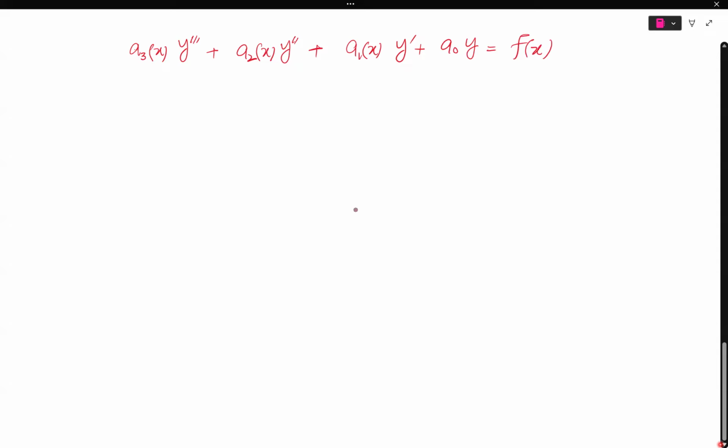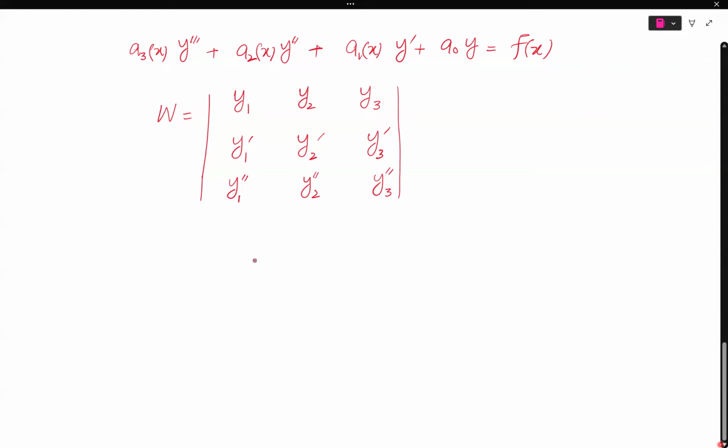So we have to generate the Wronskian, and for a third order differential equation, of course, we must have three components in the homogeneous part. So the Wronskian will be a 3 by 3 determinant like this: y1, y2, y3, then y1 prime, y2 prime, y3 prime, and then y double prime of 1, y double prime of 2, and y double prime of 3.